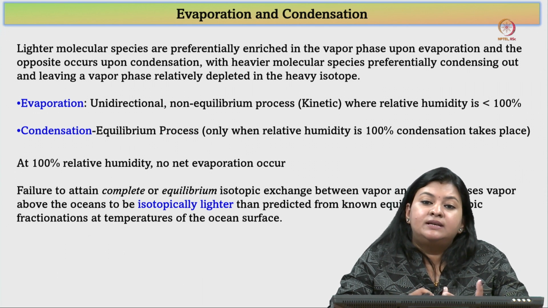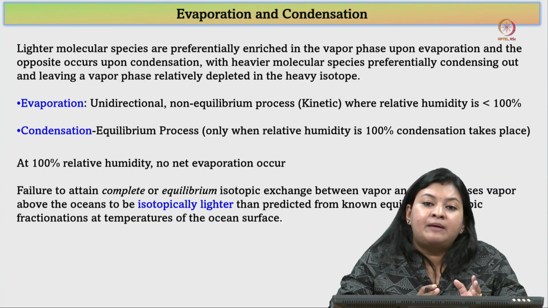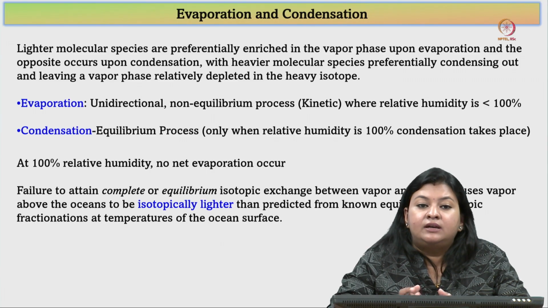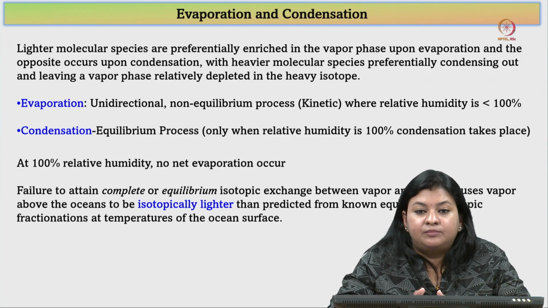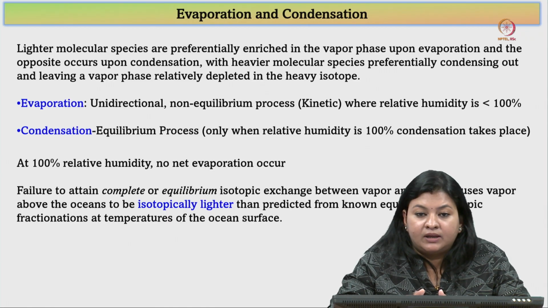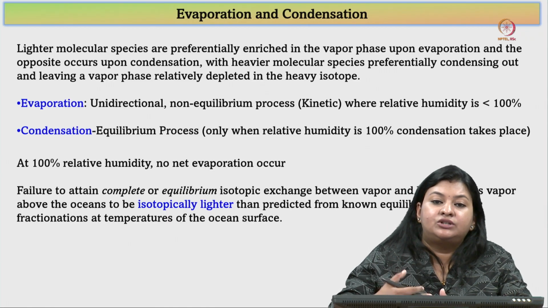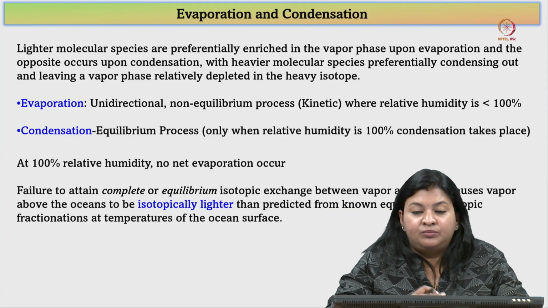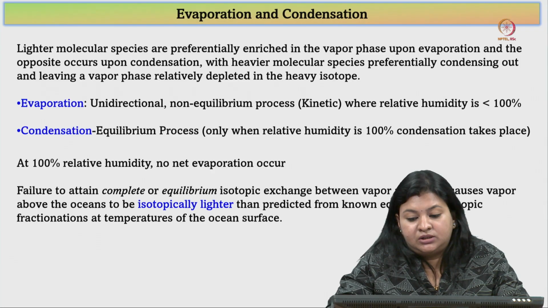There is also a simple difference between the evaporation and condensation processes themselves. Evaporation is a unidirectional, non-equilibrium process. Kinetic fractionation can easily cause changes, and relative humidity will also cause changes.